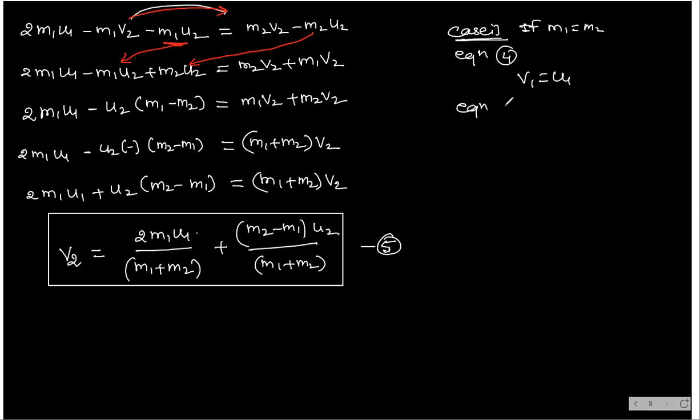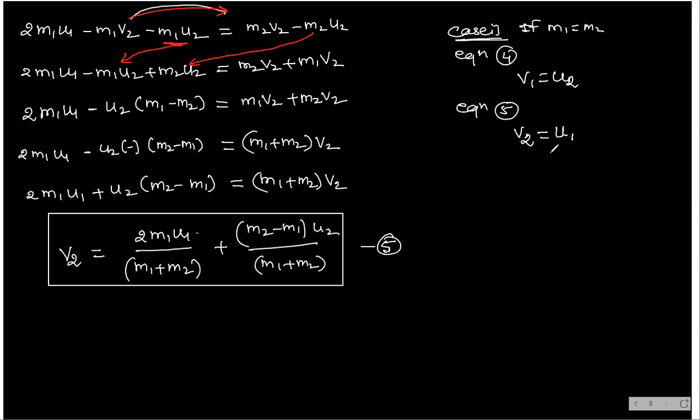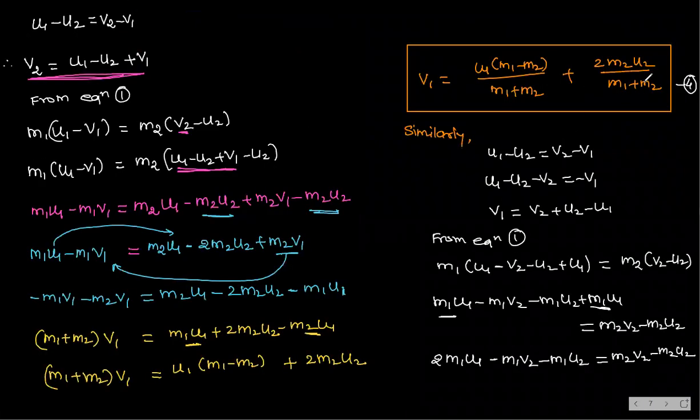And equation 5, here only you substitute M1 is equal to M2, then M minus M is 0, this term will become 0. Here 2M by 2M cancels, you will get what? V2 is equal to U1, but here U2 should come, right? See, this term, U2 will come.